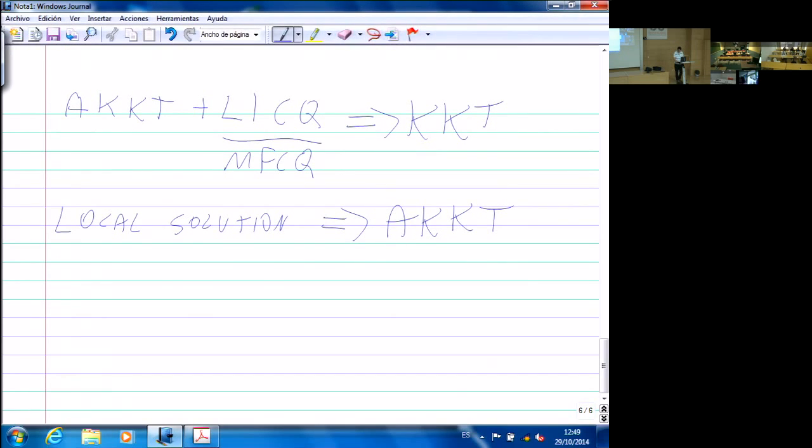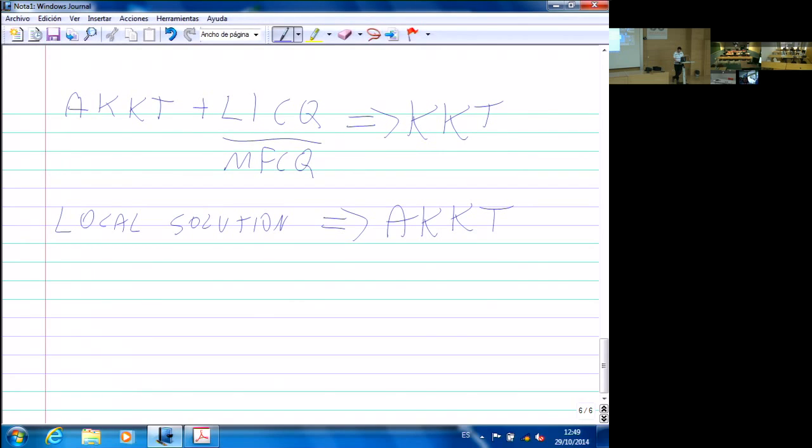So if your algorithm generates approximate KKT sequences, when you assume a condition of this type, you are sure that your algorithm will generate a KKT point.